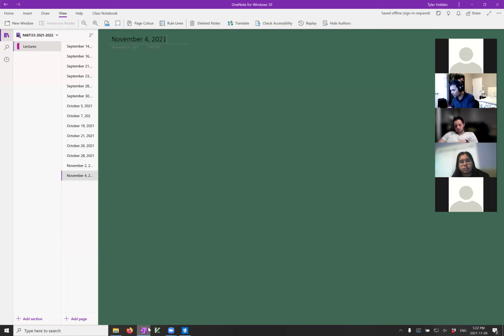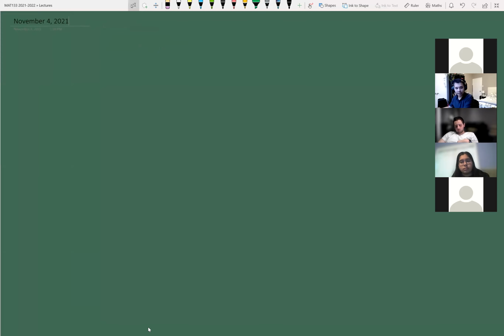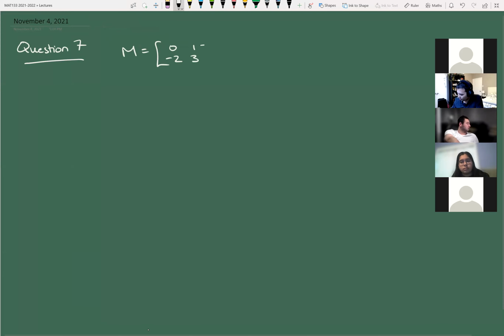The fast way to do this is to say, well, if I understand what an eigenvector is, then they've only given me 4 options. I should just see which of these vectors actually works. This is question 7. We were given this matrix, M equals 0, 1, -2, and 3.